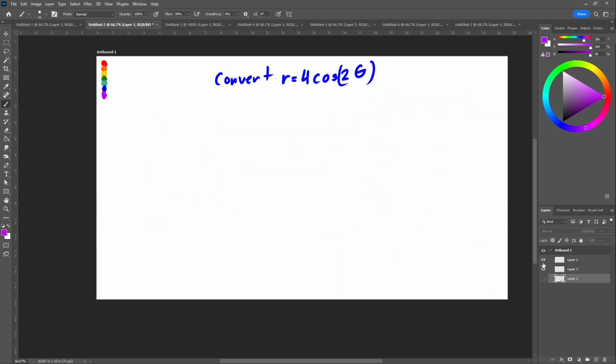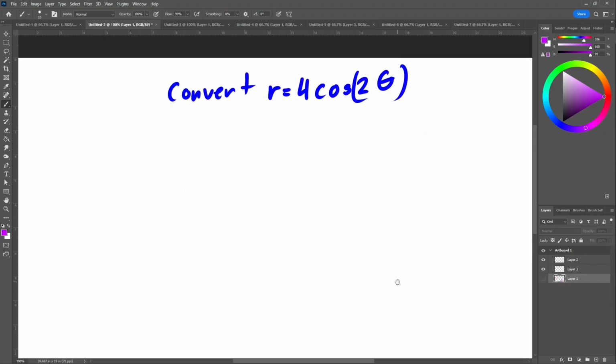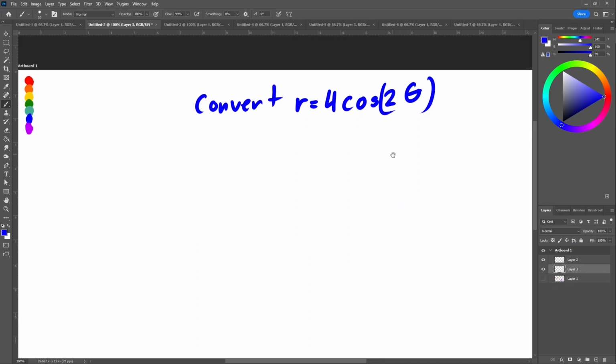But we also have a little bit harder stuff that you might see on an IB problem set. We have this: r is equal to 4 cosine 2 theta. This one's a little bit harder and requires a little bit more math to do. So the first thing we want to do is notice this cosine 2 theta and think back to our Unit 6, in which we have trig identities.